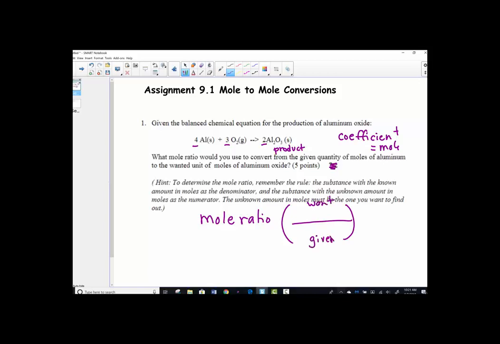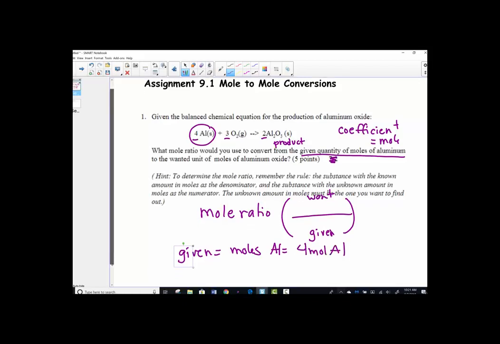Think want over given for a mole ratio. When we read the question, it says the given quantity, what mole ratio would you use from the given quantity of moles of aluminum? So the given is moles of aluminum, and remember how we read that from our balanced equation? The moles of aluminum is 4.